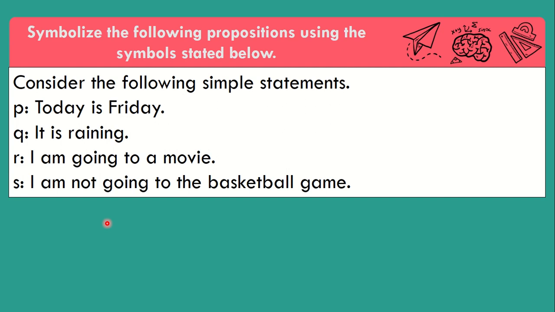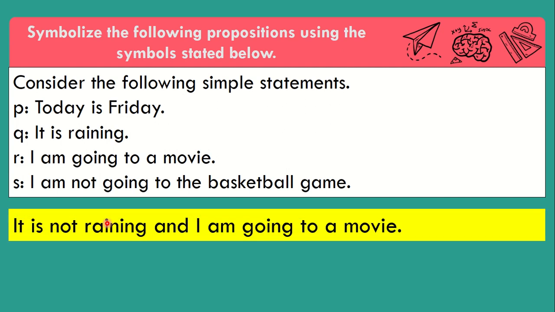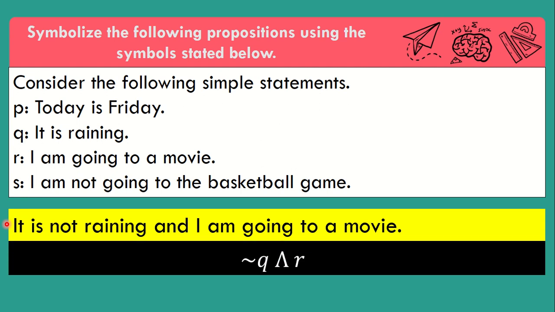Let's have another example. It is not raining, and I am going to a movie. You can pause the video so that you can think of its symbols. Now we have these symbols for the compound proposition. Here we have it is not raining.